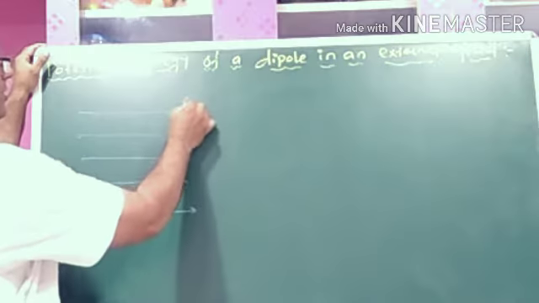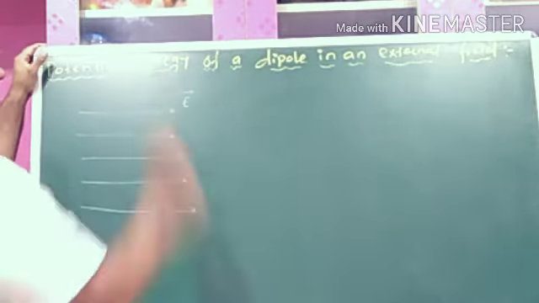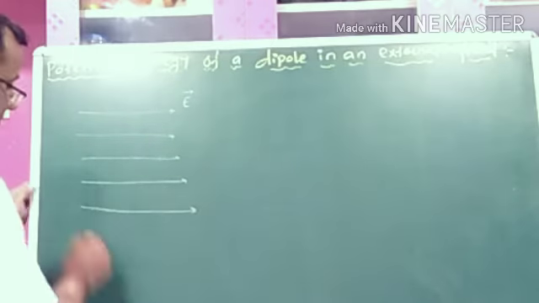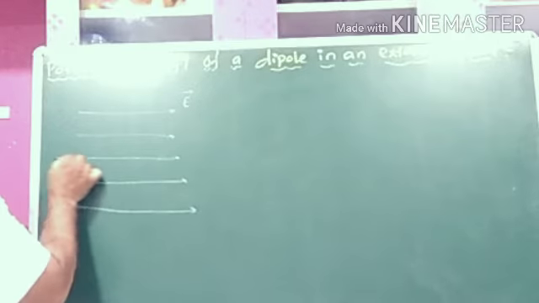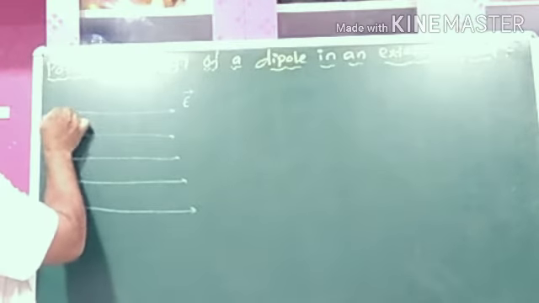This will be the uniform electric field intensity E. Inside this field we keep an electric dipole.